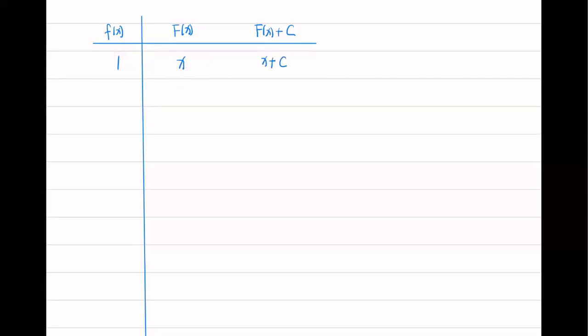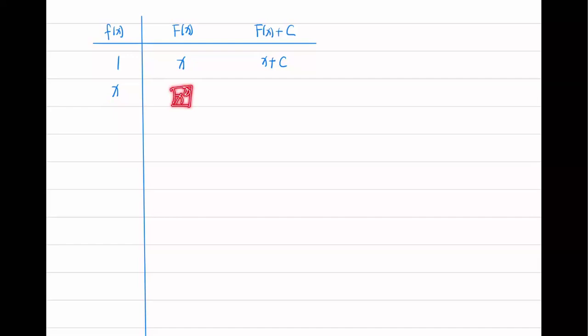Okay, and then Sakina, I want x. How could you give me an antiderivative for x? Something whose derivative is x. Not easy. Think about it. Something, x to some power.